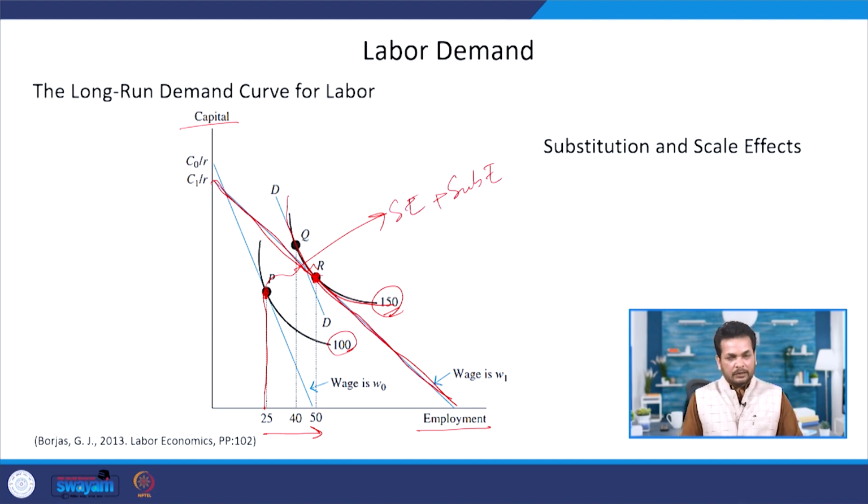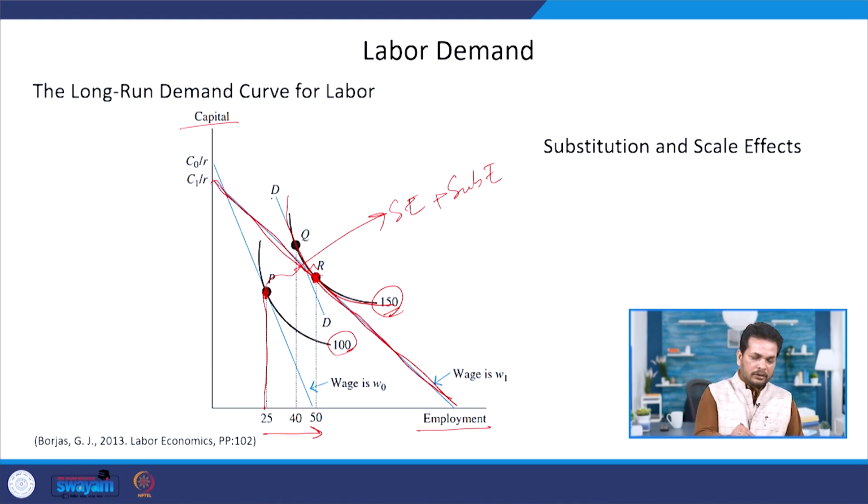Now, the wage has reduced, the marginal cost has declined, so the farm is induced to produce more, and so the farm is to employ more workers. If we want to find out what the scale effect is, there is an increase in the scale of production. So, how much is due to the increase in the scale of production, the increase in employment?